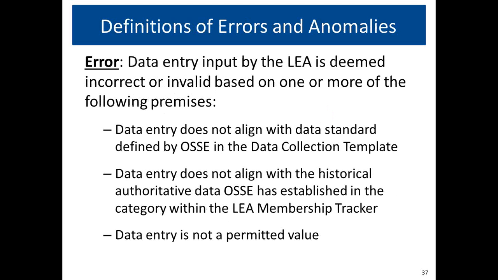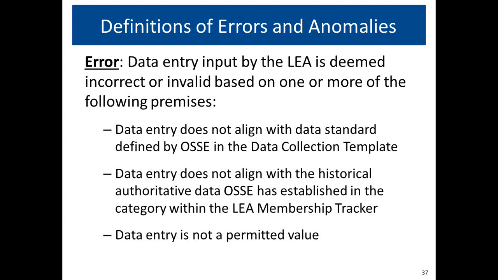Defined for you will be the errors and anomalies. For the error, what an error means is the data entry input by the LEA is incorrect or invalid based on one or more of the following premises. The data entry does not align with the historical authoritative data OSSE has established in the category within the LEA membership tracker.